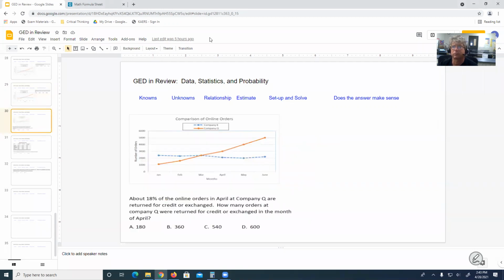So again, we have the same graphic. Let's look down at the question. We're kind of getting familiar with the graph. About 18% of the online orders in April at company Q are returned for credit or exchanged. How many orders at company Q were returned for credit or exchanged in the month of April?